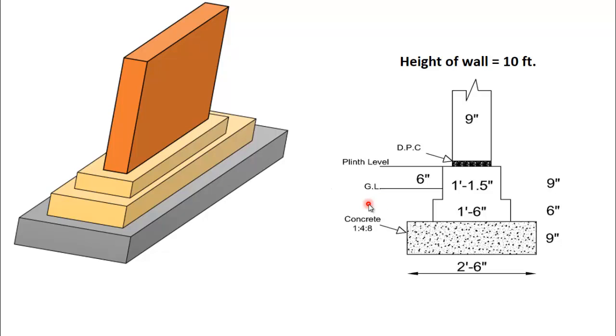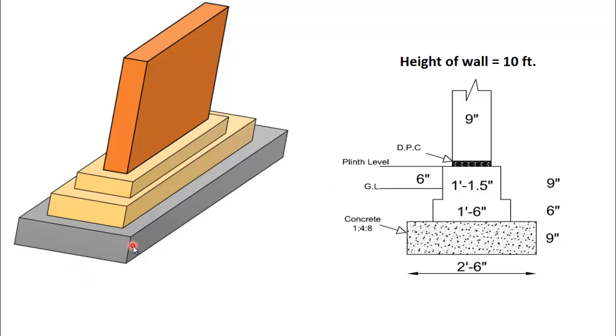Here it is shown that ground level is 6 inches below the plinth level. Above plinth, DPC is provided, and then a wall having height 10 feet is provided. Here in the 3D view you can see that the length of each step is different, and the length of each step depends upon its width.